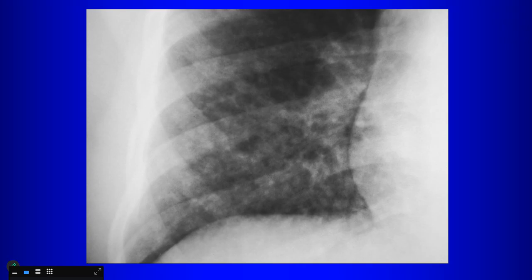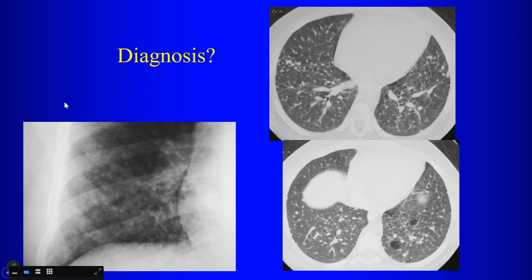TB, AIDS. You think about tuberculosis, fungal infection, in a child. What does the CT show? Cystic formation. So we have a couple of cysts here. What about the nodules? Can you say anything about the nodules?